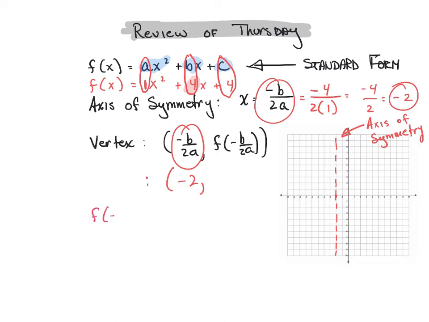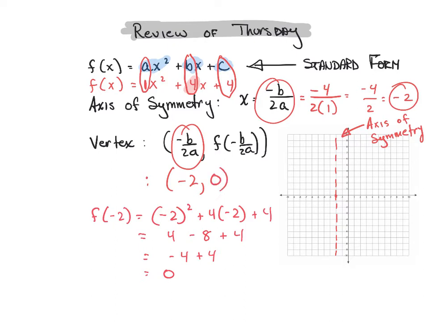The f of negative 2 is, where there's an x, x squared, so it's negative 2 squared, plus 4 times x, so it's 4 times negative 2, plus 4. And this math is in our previous lesson. It's negative 4 plus 4. It looks like the f of negative 2 is 0, and that is our y value.